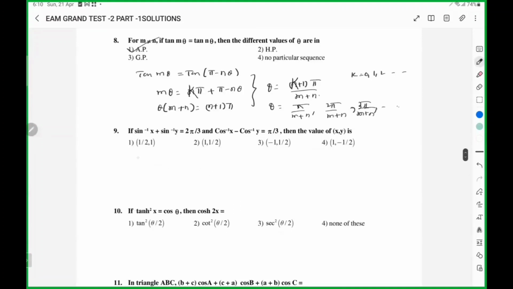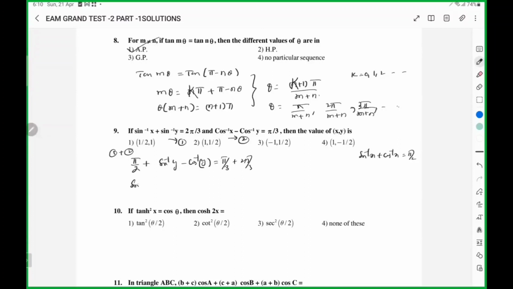Here it is, say this is 1, say this is 2. Adding, we get sin inverse x plus cos inverse x, which is pi by 2. So sin inverse y minus cos inverse y is pi by 3 plus 2 pi by 3. What I did is I added the given equations.